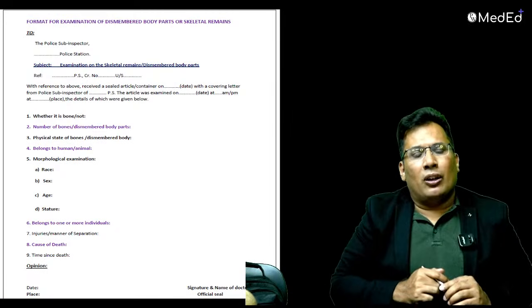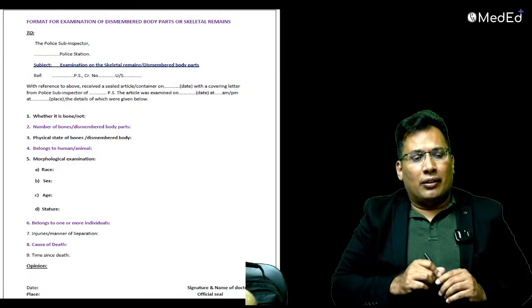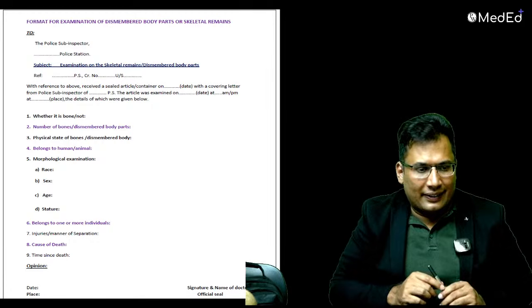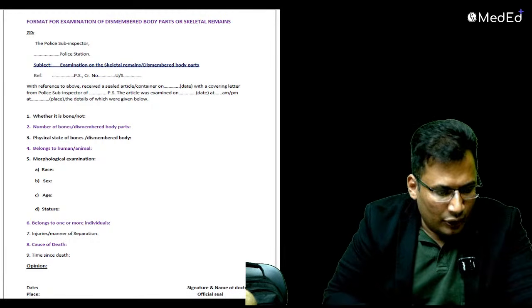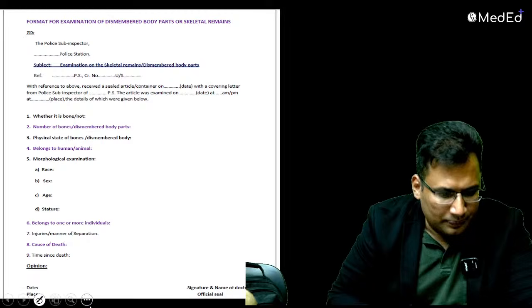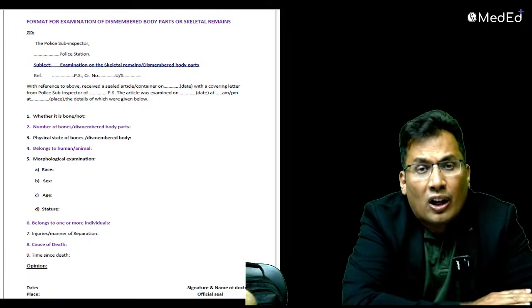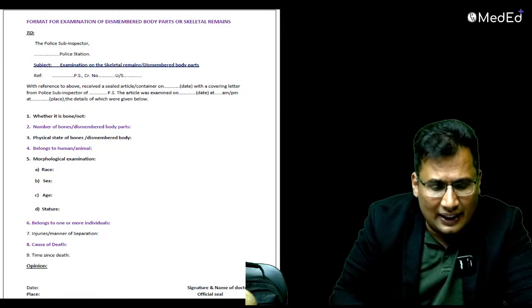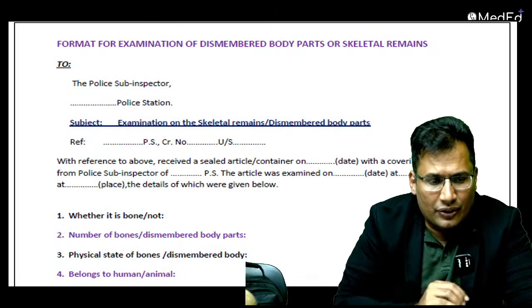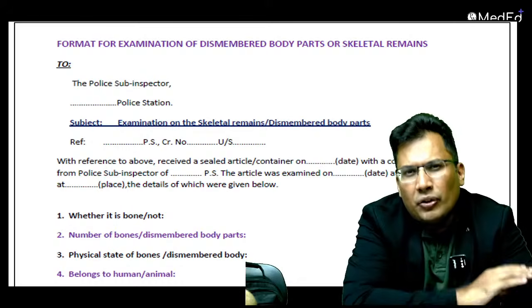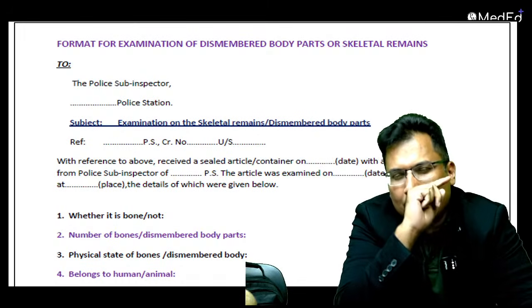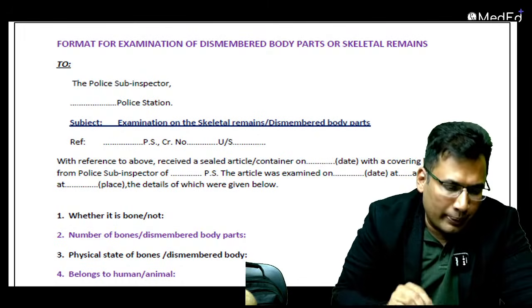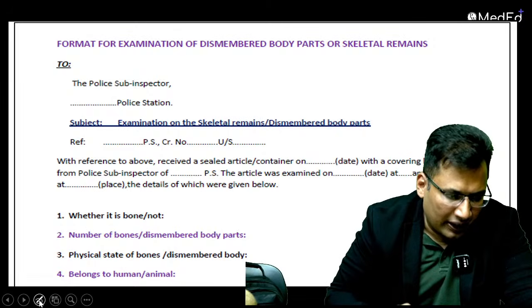Now, this is the standard proforma of skeletal remains. You can see here this proforma, the format for examination of dismembered body parts or skeletal remains. You need to write like this in the practical exam. Let's discuss one by one briefly along with the theory questions.